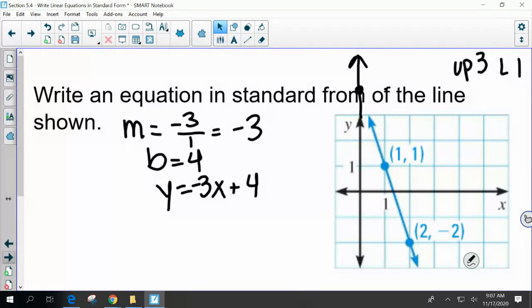And then what I need to do to get it into standard form is leave the 4 there, and I just need to add 3x over to the front. So then I'm going to have 3x plus y, because that's a positive y, equals 4. And that would be in standard form.